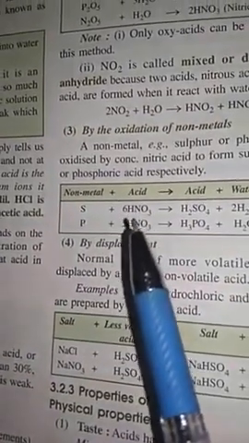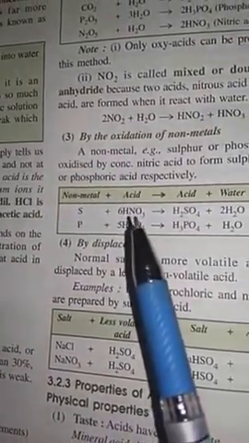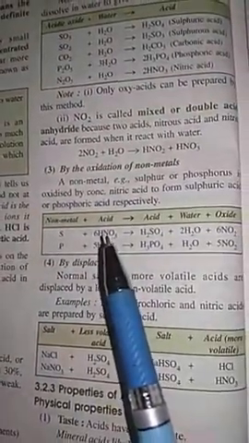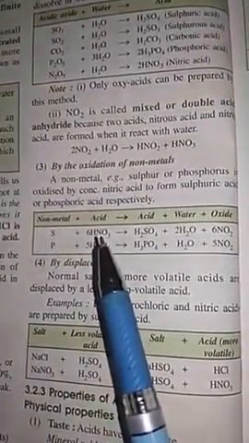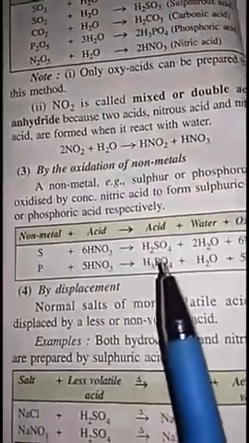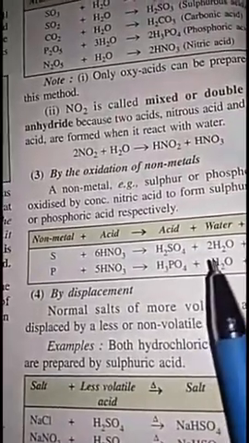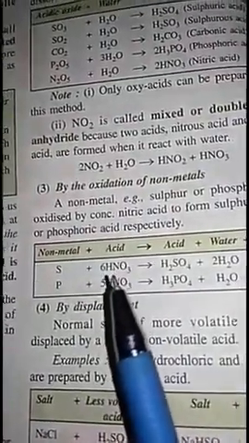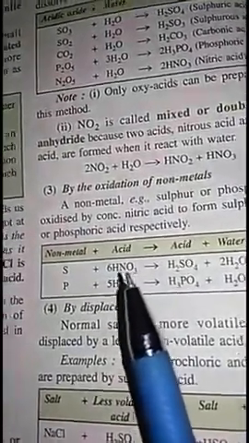Here we can see sulfur combines with nitric acid. Mind it, it will be concentrated nitric acid. My dear friends, sometimes these types of questions are asked in board examination. What happens when sulfur reacts with concentrated nitric acid?